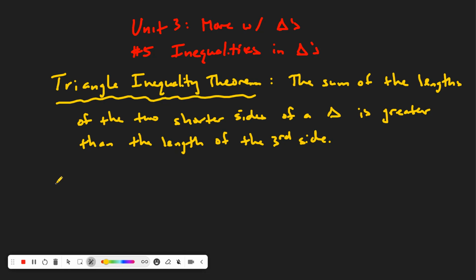The sum of the lengths of the two shorter sides of a triangle is greater than the length of the third side. So I'm going to draw two triangles for you right down here.